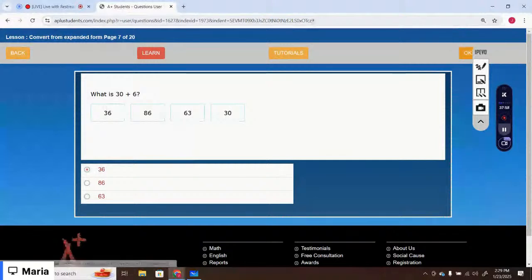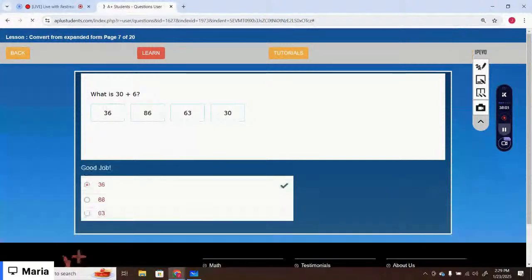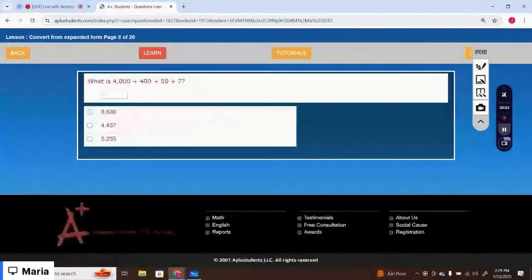That is 36. Option number 1 is the correct option. What is 4,000 plus 400 plus 50 plus 7?